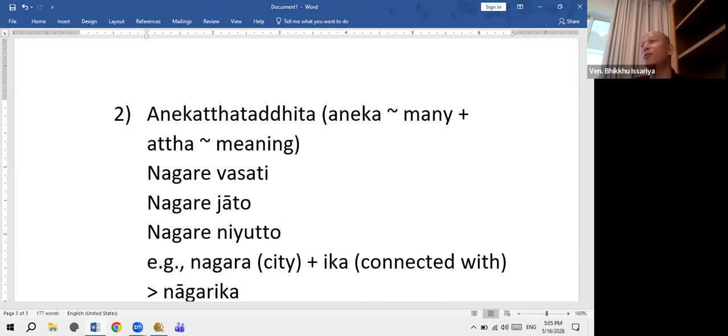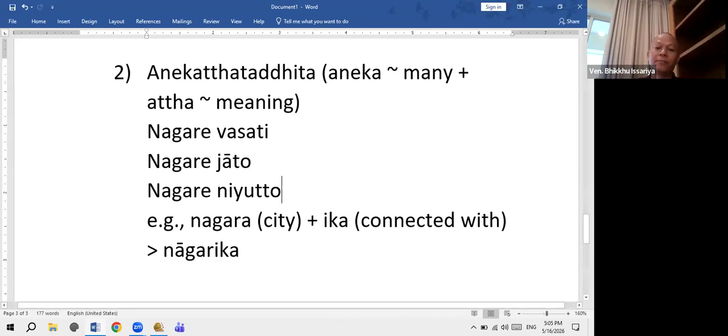Yoto Niyojeti: connected, related, relation, right? So there are many meanings based on the context. In this case, who is born or who dwells in, or who is somehow connected with the town.